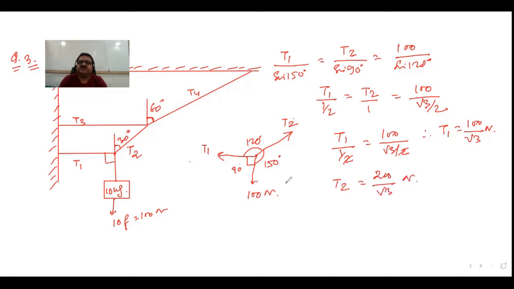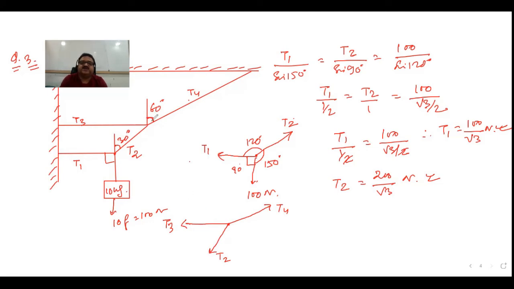So this part is finished. Now we have to calculate T3 and T4. For that, T1 is known, T2 is known. Now I have to consider these three strings together. So applying Lami's theorem again, this is T4, this is T3, and this is T2. Now mark the angle.